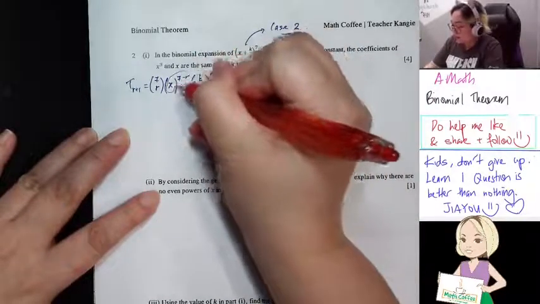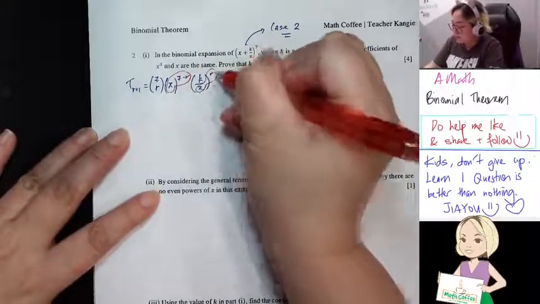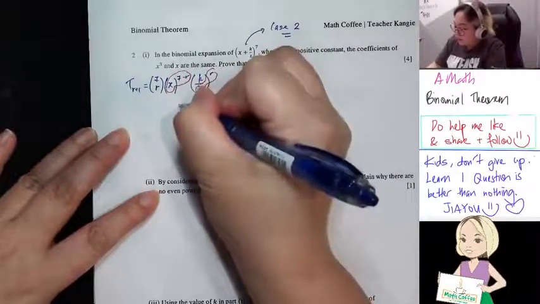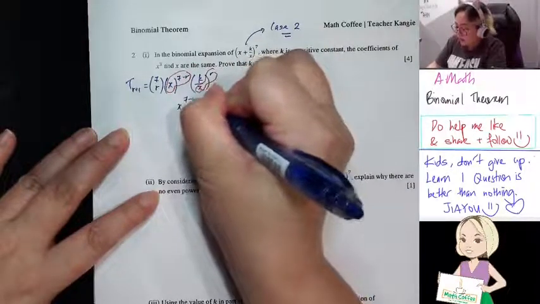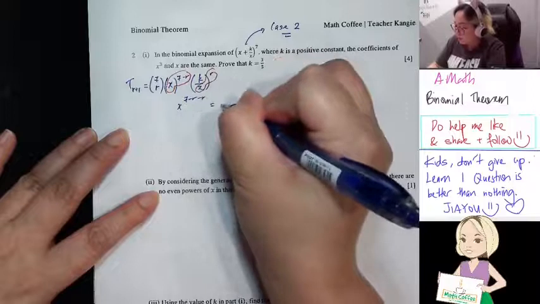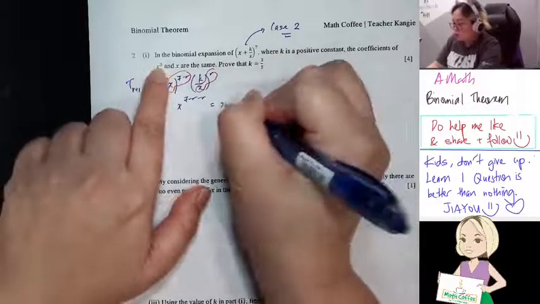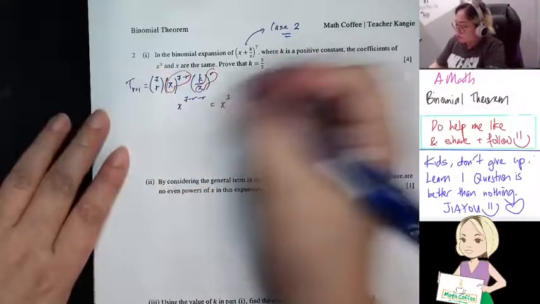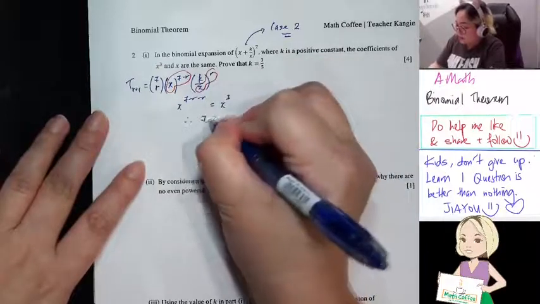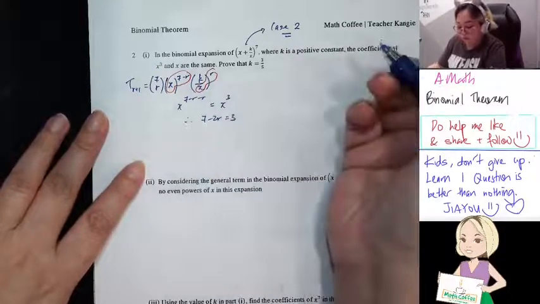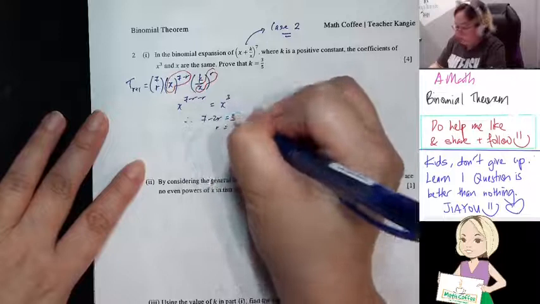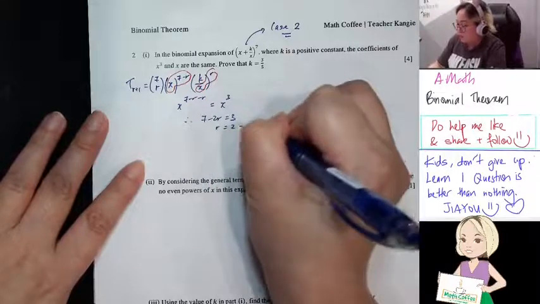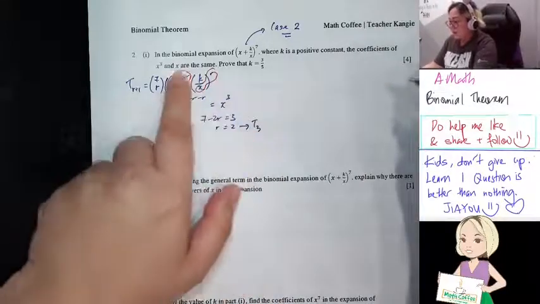We only want this and we only want this. So it means x to the power of 7 minus r equals to, I want x cubed, so x to the power of 3. Therefore, 7 minus 2r equals to 3, and my r will be equals to 2. So that means I want my 3rd term. And I also want x.